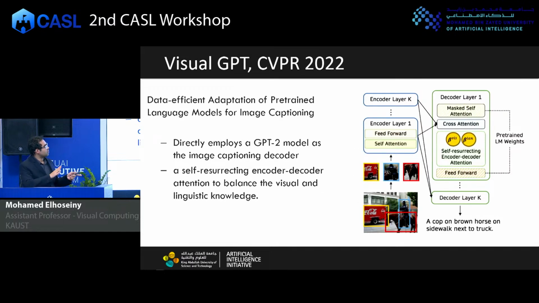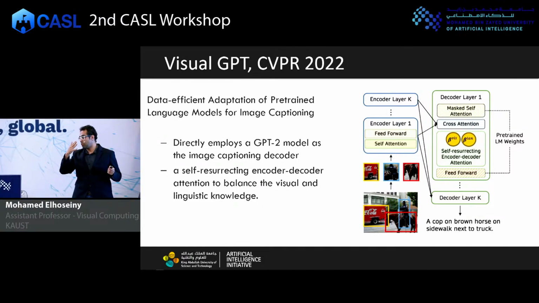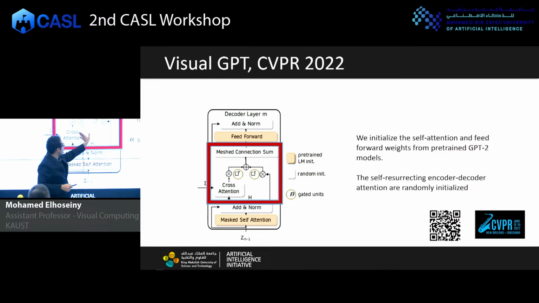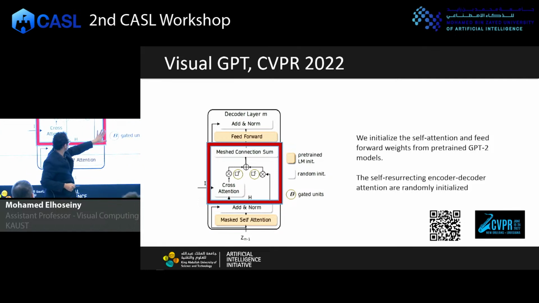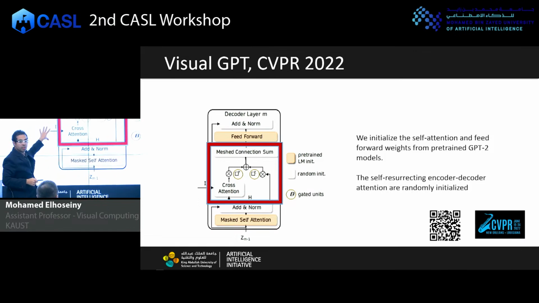So this model takes a pre-trained GPT model, in this case GPT-2 because it was the open source version, but it can be GPT-3, it can be whatever is available, and it designs a gating function. This gating function gates between the knowledge from the pre-trained initialized model and the attention to the image.